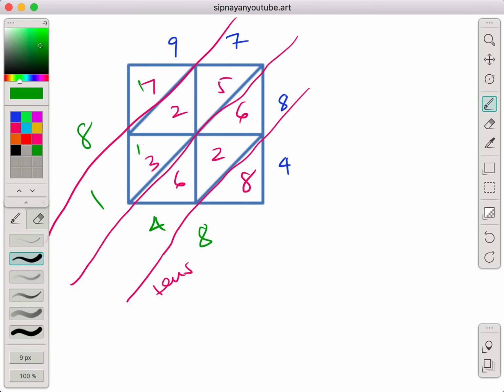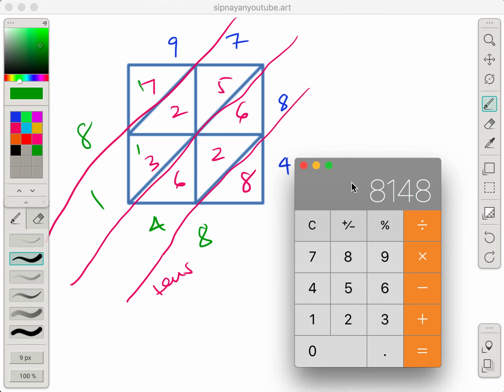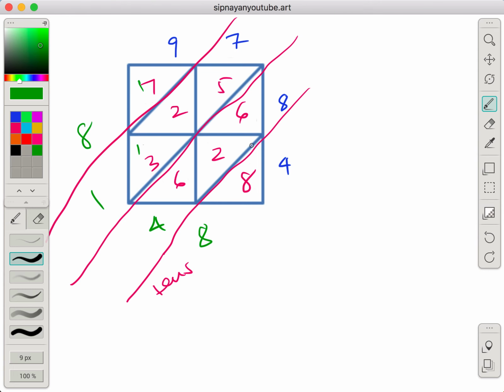Check natin. No? So, 97 times 84. Okay, so 8,148. So, basically, ang lesson naman dito is pag may sobra yung inad natin sa diagonal, we have to carry over doon sa next place, no? O sa next diagonal. Okay, yan lang yung ating secret, no?